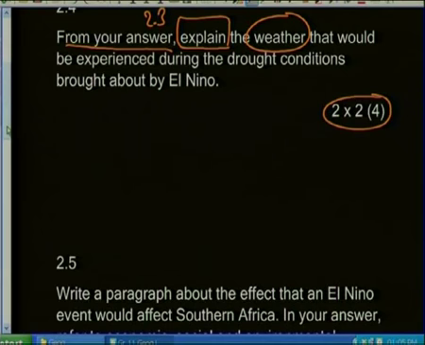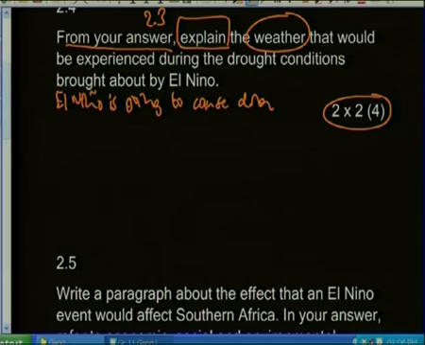So for 2 times 2, you can say there that El Nino is going to cause or accentuate drought conditions, which will lead to higher temperatures.